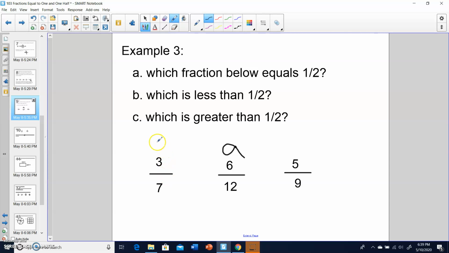Okay, this one, 3, is less than 1/2 of 8. 3 would be half of 6, so this would be less than that. And then which is greater than 1/2 would be 5/9.